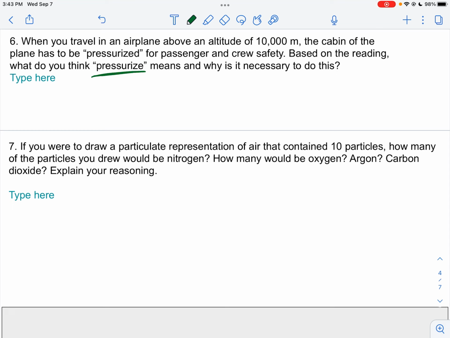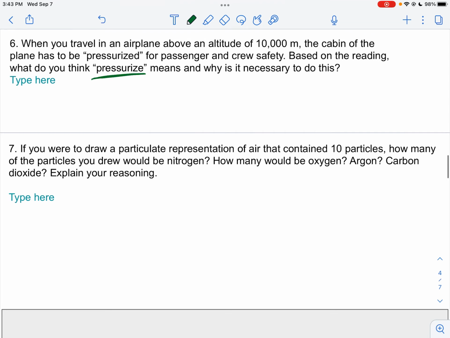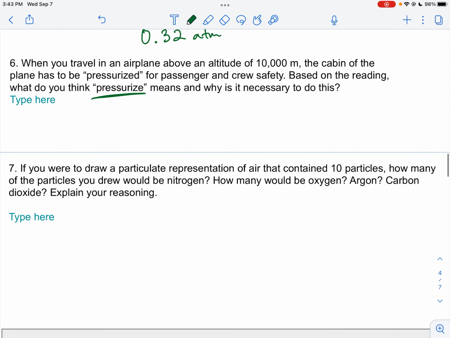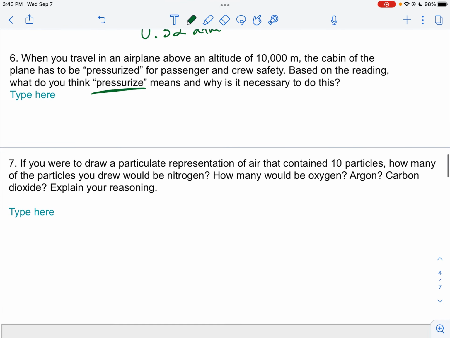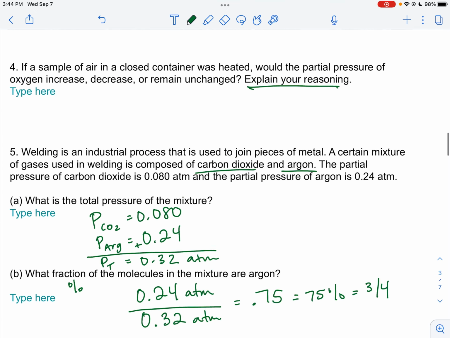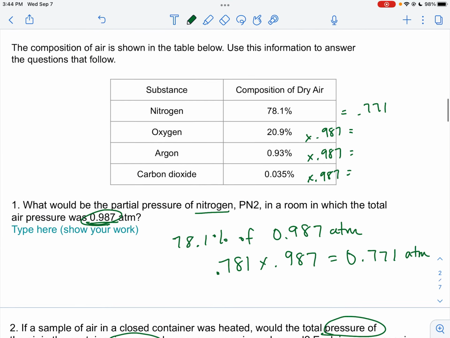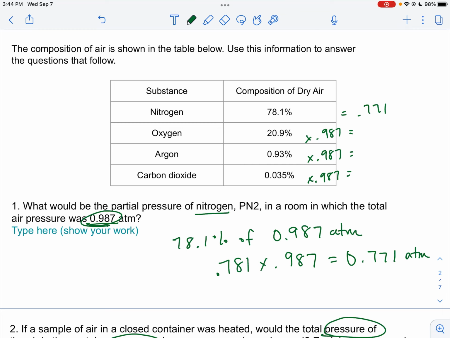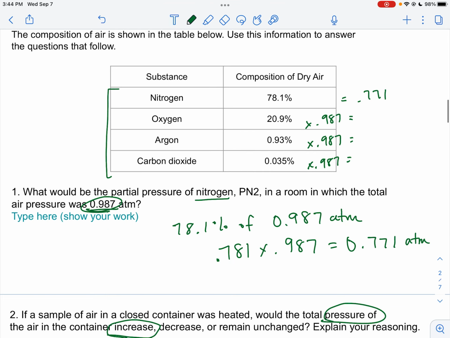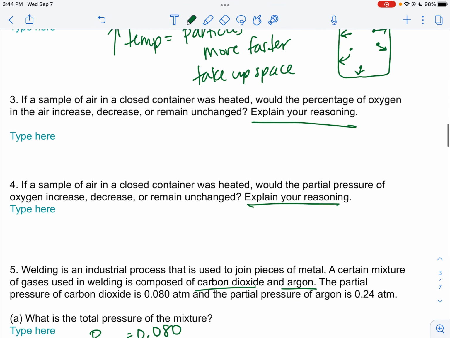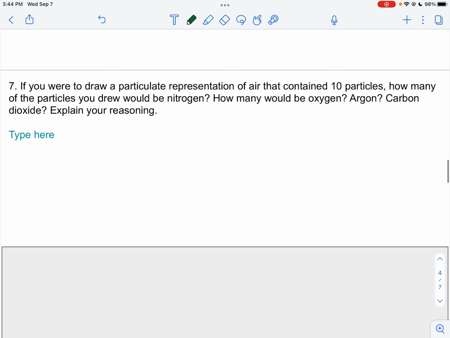We know it has 10 particles. And we know that it contains nitrogen, oxygen, argon, and carbon dioxide. So we're going back up to your little percentages up here, and then you're just going to draw a picture based on that.